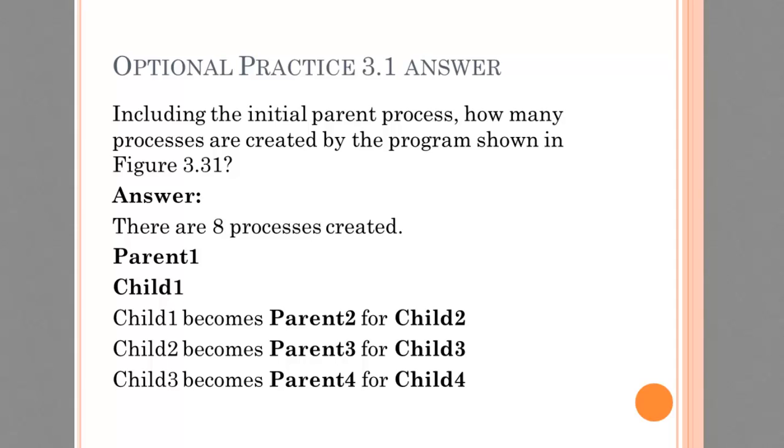So it is called 4 times. However, because a child becomes a parent, it's considered another process. So that's why it's actually 8 processes that are created. Okay, so remember, when a fork is called within a child, that child then becomes a parent.